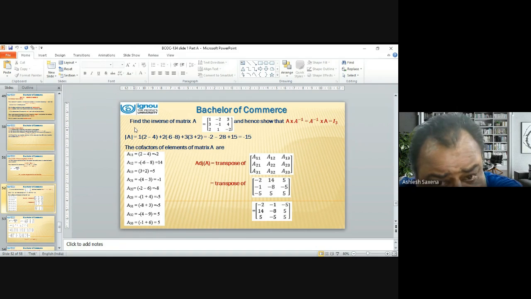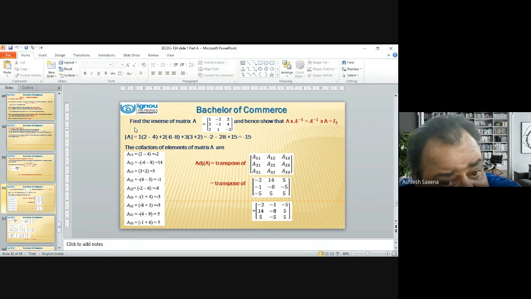The adjoint of A is basically the transpose of the cofactors. They have calculated the minors and cofactors: A11 is minus 2, A12 is 14, A13 is 5, A21 is minus 1.